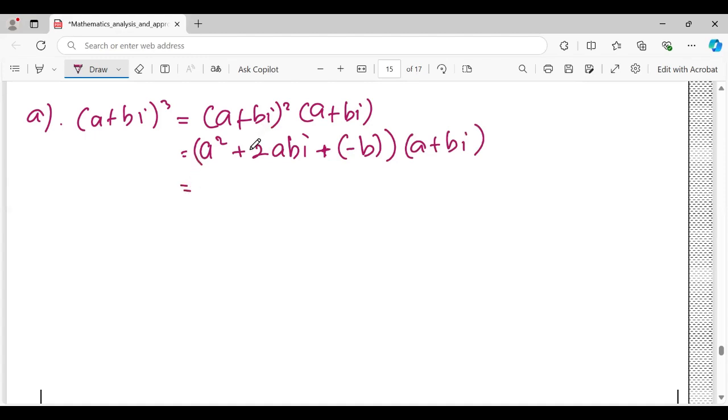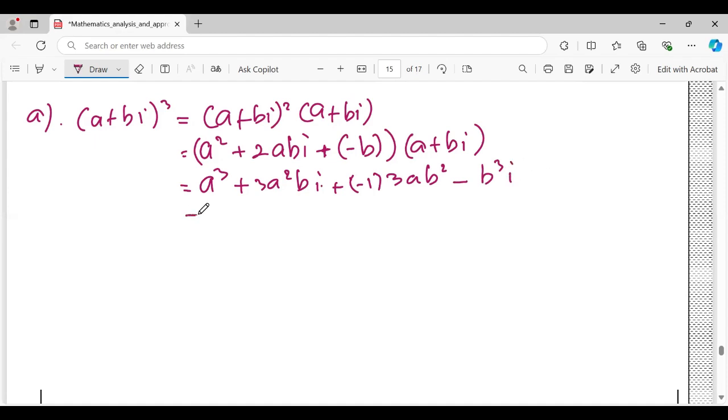And if we calculate, it's going to be a cubed, plus 3a squared bi, because a squared times 1, and minus 3ab squared, minus b cubed i.